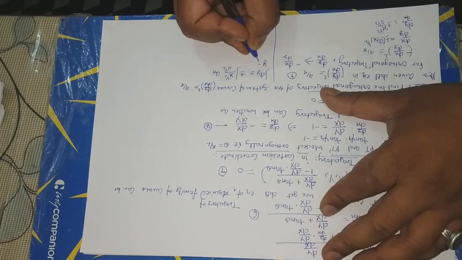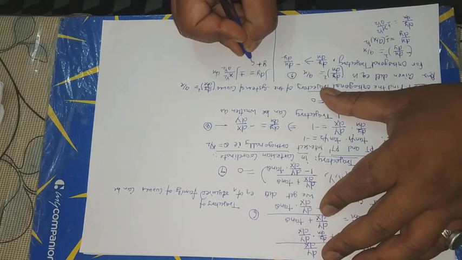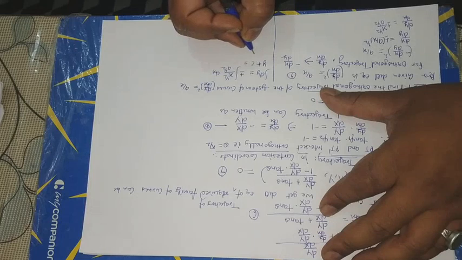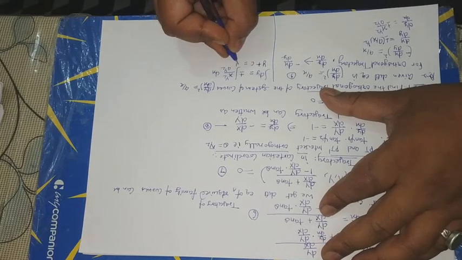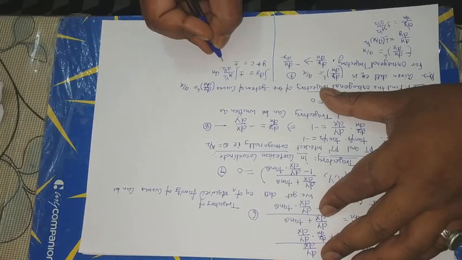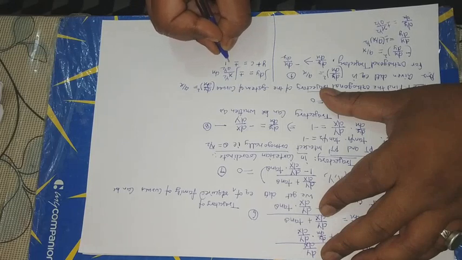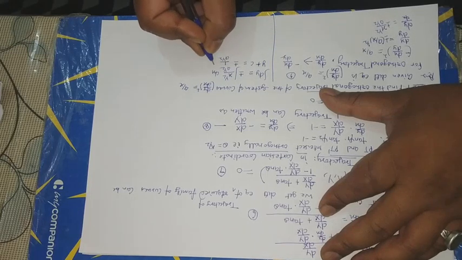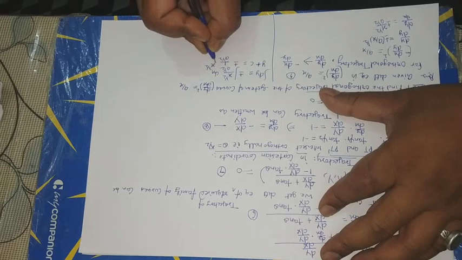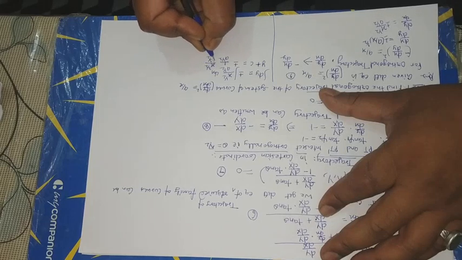Then by integration, y plus any constant c equals plus minus a to the power half x to the power 3 by 2 upon 3 by 2.